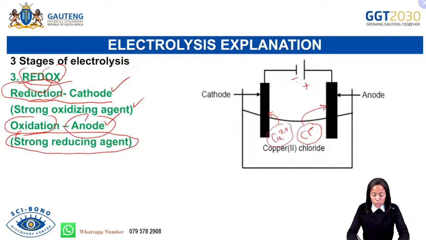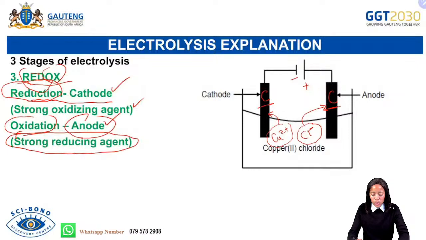So then if you want to write the oxidation and the reduction half reaction, let's say, for example, now we are given what? We are given copper as our electrodes. And they now want you to write there what is occurring at the anode and what is occurring at the cathode.